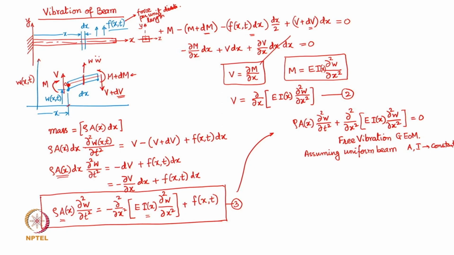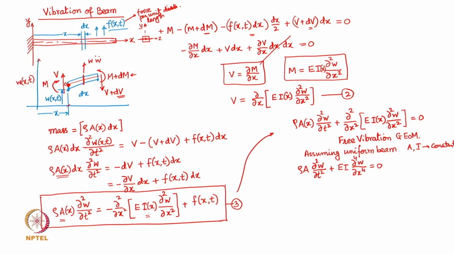Okay, so let's see, by making this assumption of a uniform beam, we write this as rho A ∂²w/∂t² plus, now I can take this EI out, and then this becomes ∂⁴w/∂x⁴ equal to 0, right?